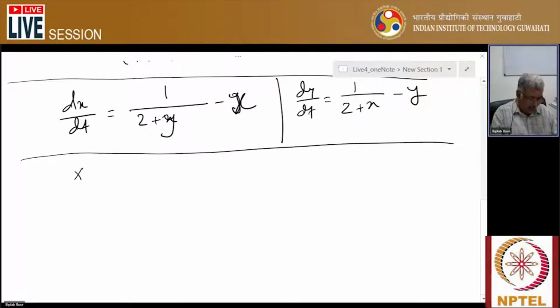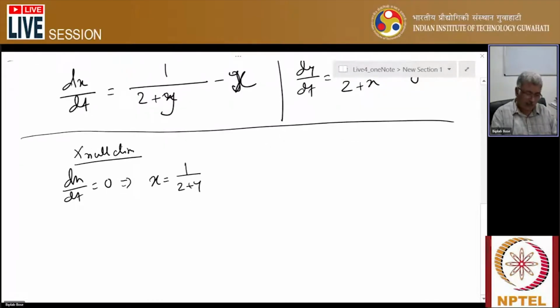So x null cline: dx/dt equal to 0. So that means I get x equal to 1 by 2 plus y. Simple. You take this equation, put the left hand side 0, and separate out x and y. As simple as that.